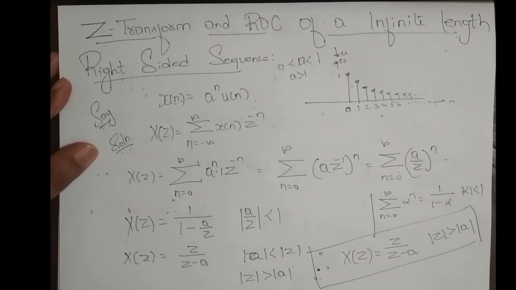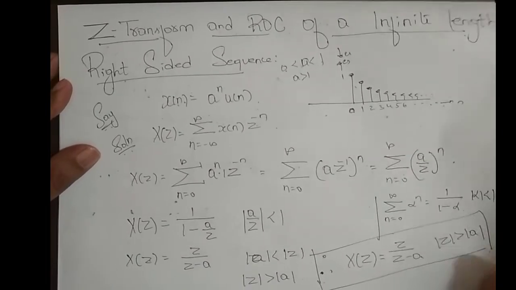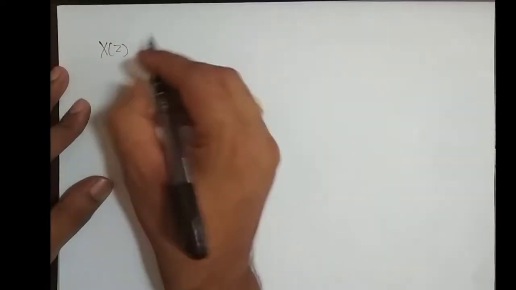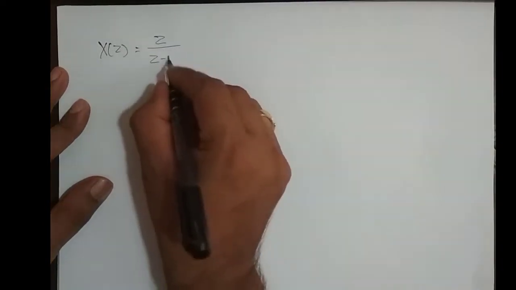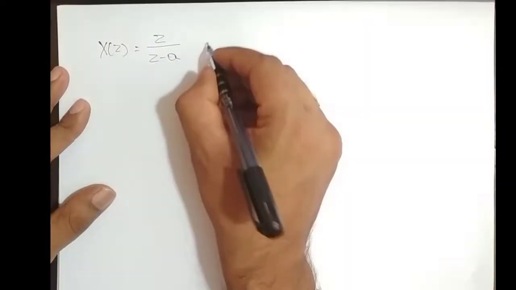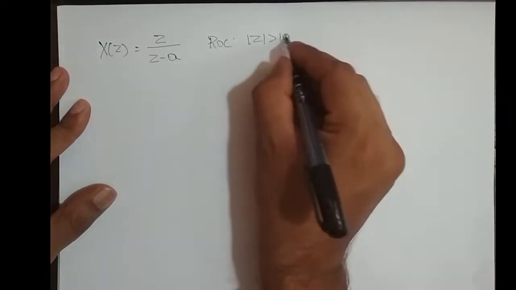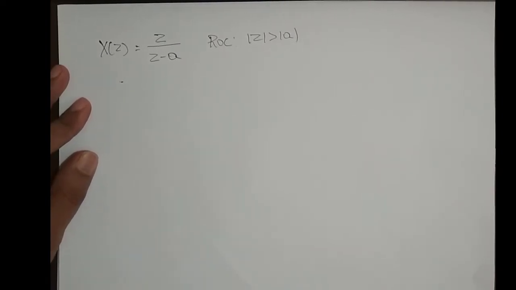Let me write that again: X of z is equal to z divided by z minus a, and the ROC is magnitude of z greater than magnitude of a. So this is the z transform of an infinite length right-sided sequence.